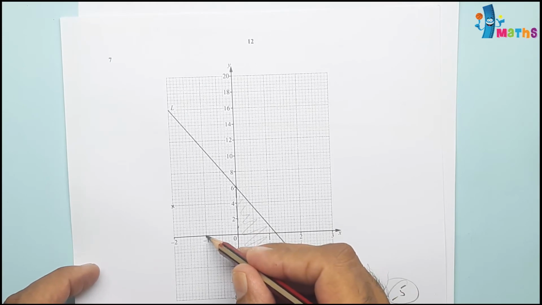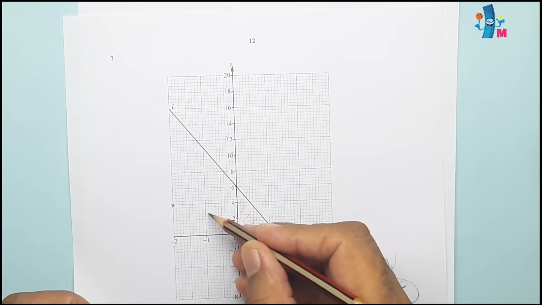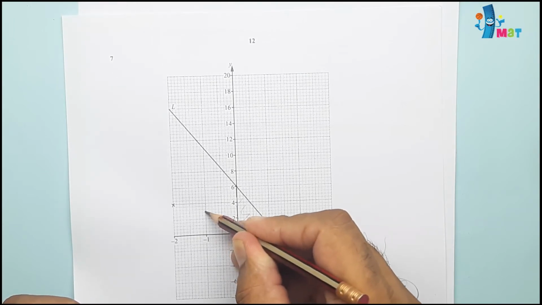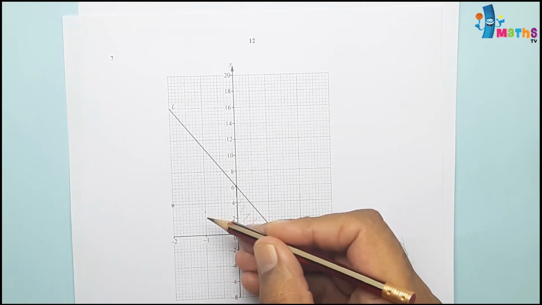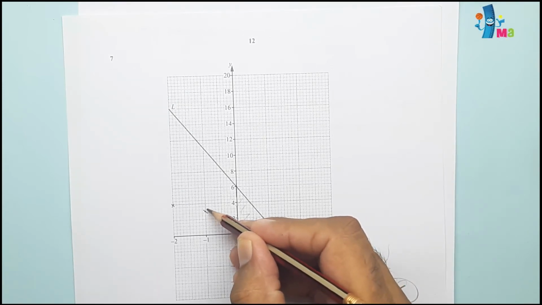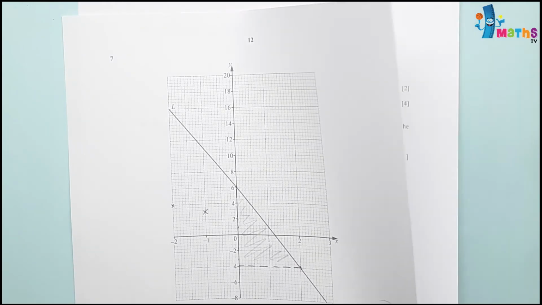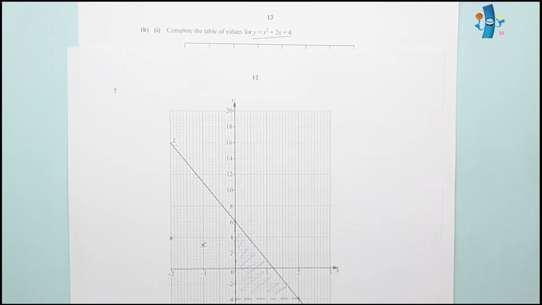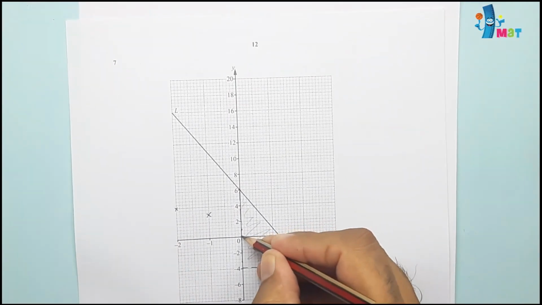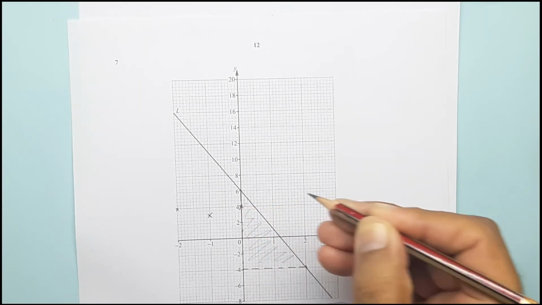Minus 1 and 3 will be in the middle of 4 and 2, so we can take it over here. Next point, we can check 0 and 4. So 0 and 4 will be this point.